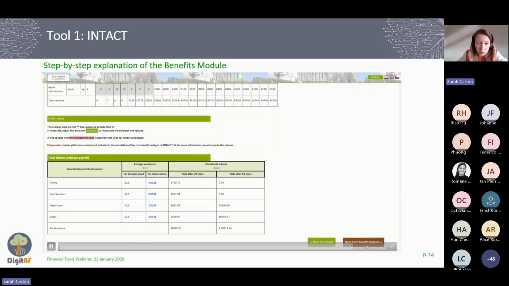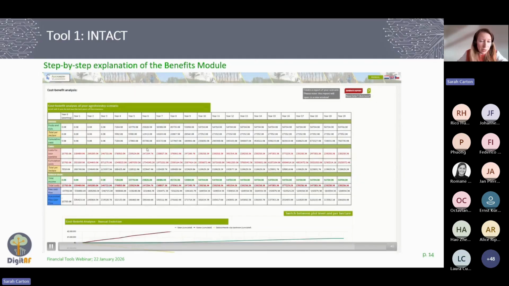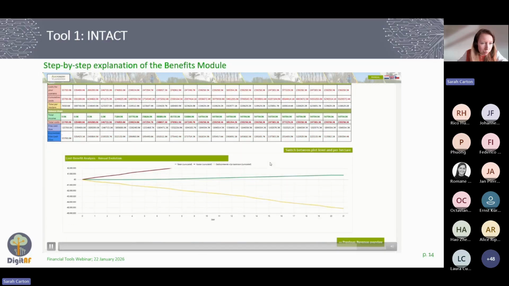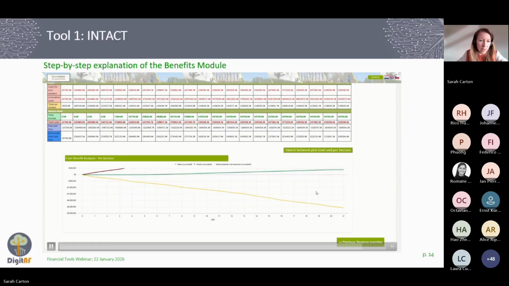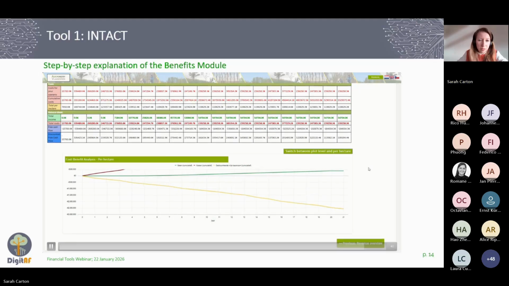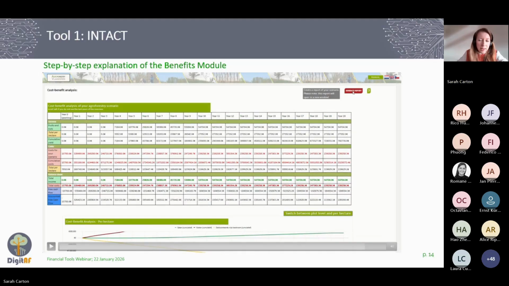And then I go to the cost benefit analysis, which is the final stage. Here is a large table with all the income and costs per year, and there's a graph below, and there's also a button to switch between plot and hectare level, and it will also change.